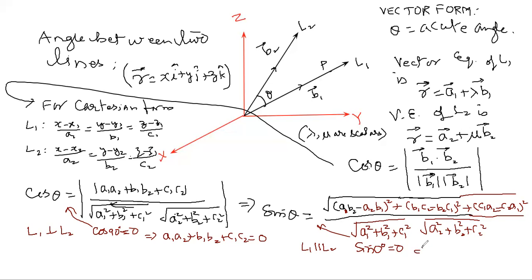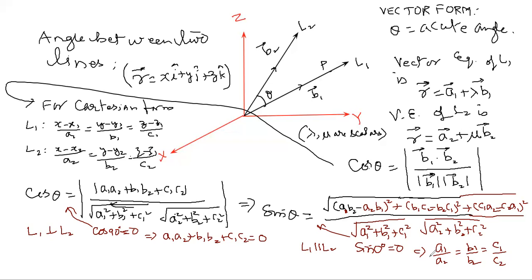Understood? When you equate this to 0, you will get B1 upon B2 is equal to C1 upon C2. So ultimately we get A1 upon A2 equal to B1 upon B2 equal to C1 upon C2.